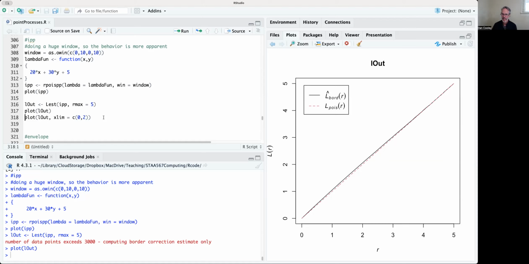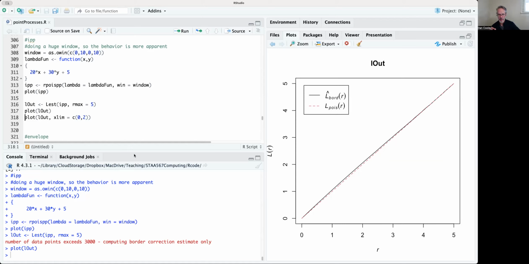What I want you to notice is that the behavior here appears to be different than what we were seeing for, in particular, the Neyman-Scott process. For both the Strauss process and the Neyman-Scott, we saw deviations from complete spatial randomness, but that deviation appeared to be pretty localized.